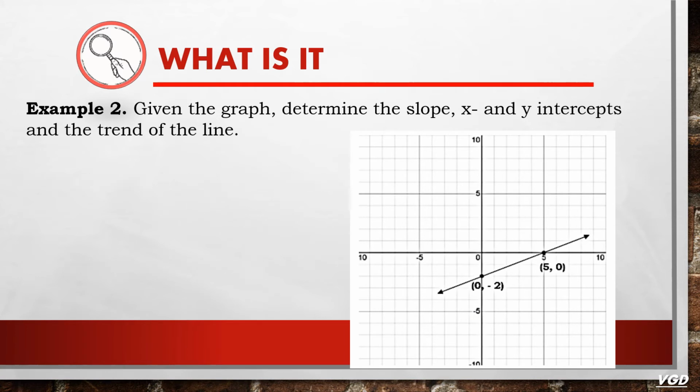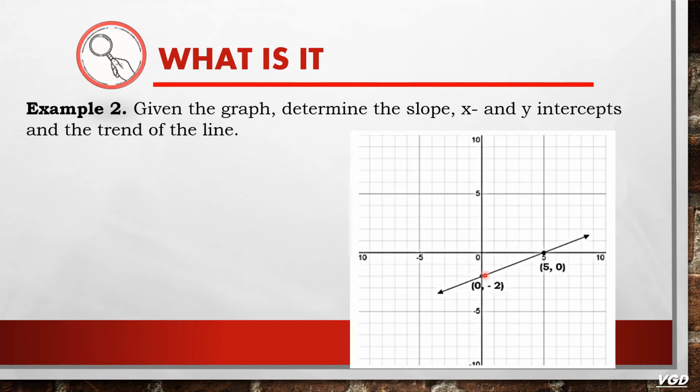Find the slope, in which we're going to use the formula m is equal to rise over run. Alright, so how are we going to do this? Using the graph. So based on the graph, we just have to count up from the point 0, negative 2, and to the right to reach the point 5, 0.